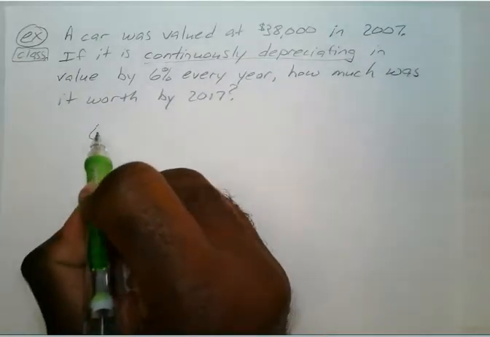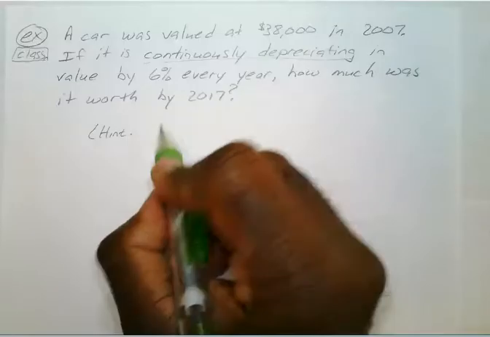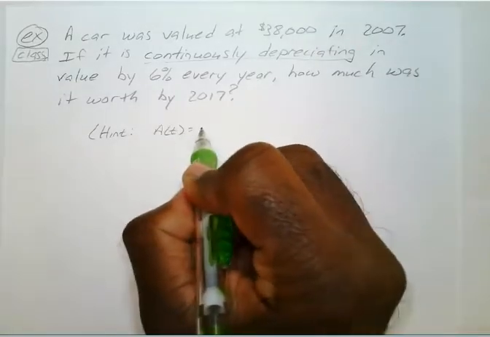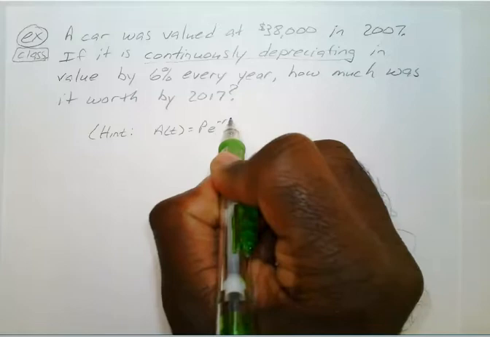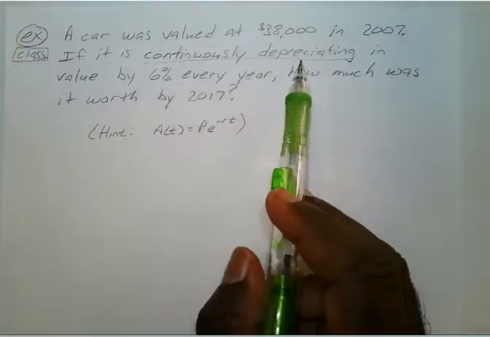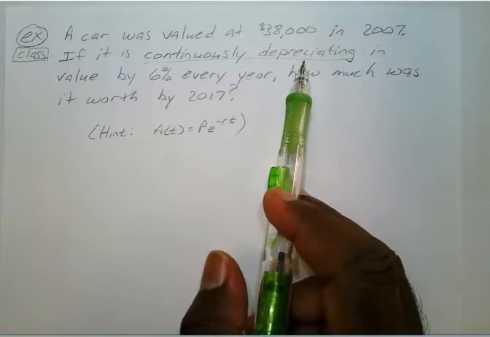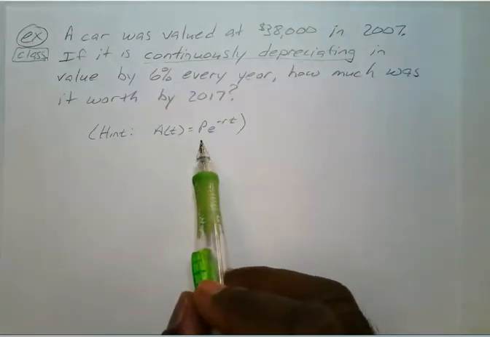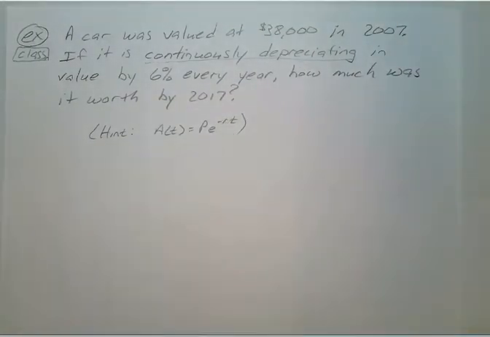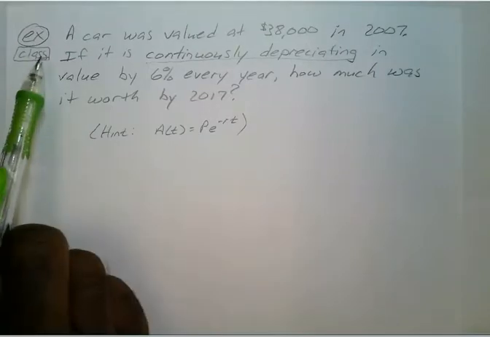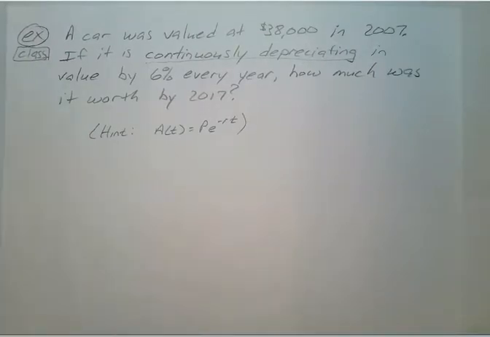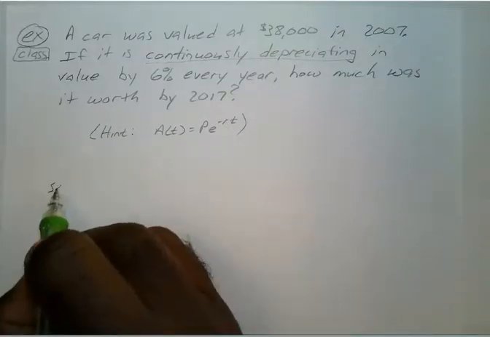Just to give you a hint, A of t equals P e to the negative r times t, because whenever the value is declining or getting smaller and smaller continuously, use negative RT. So what I want you to do is press pause and solve this one on your own. All right, so I'm assuming you paused it and worked it out. So let's go ahead and verify.